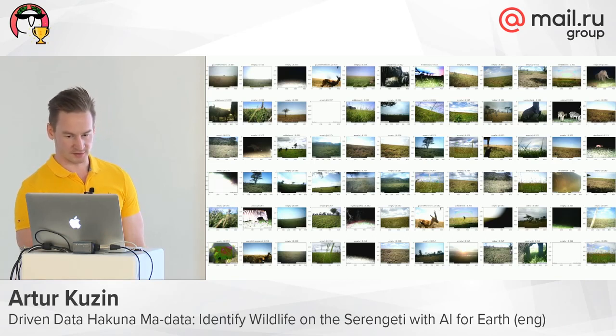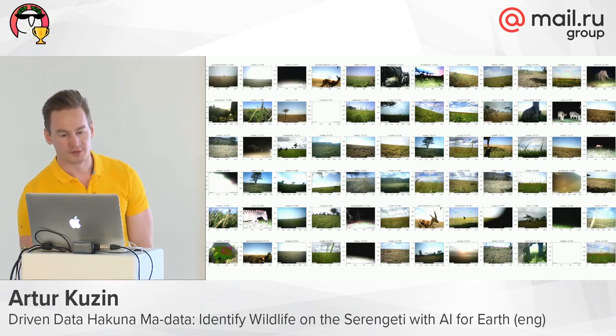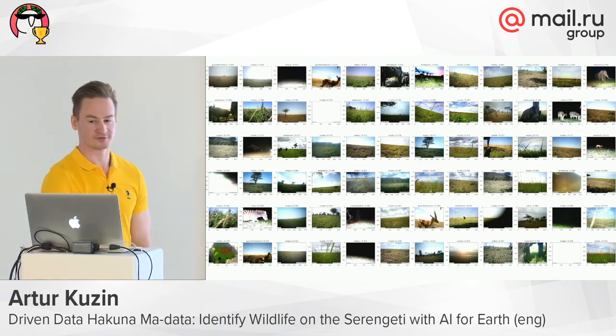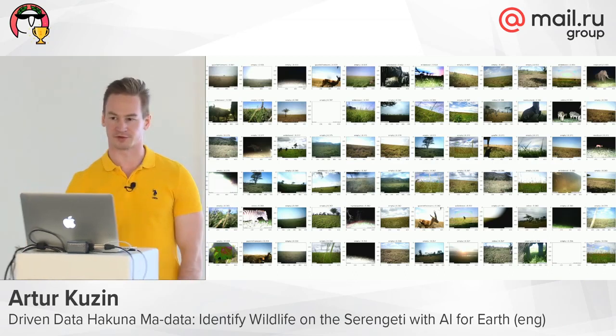And there are strange images like a zebra at night. I believe it's a very rare situation, so the network can't learn this from the data. Also, an elephant at night. So that's all. Thank you for your attention, and I will be pleased to answer questions.